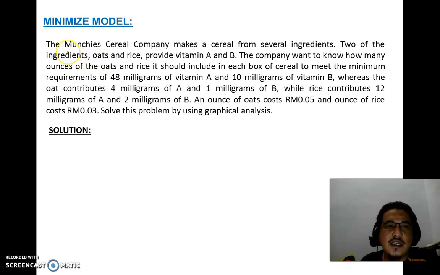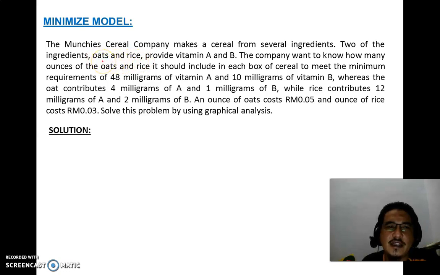So in the Munchies, this is the situation. The Munchies Krill company makes krill from several ingredients. Two of the ingredients are oat and rice.